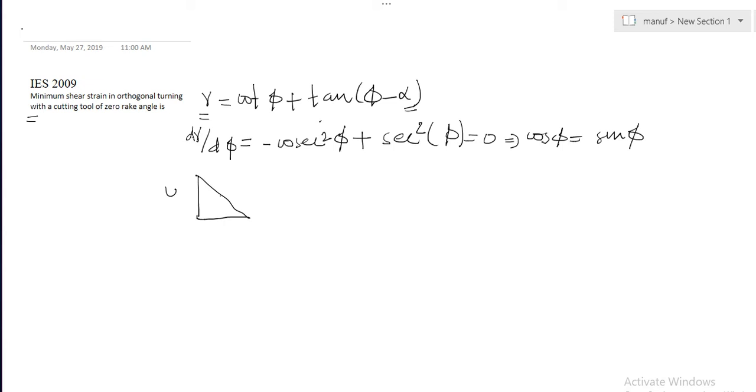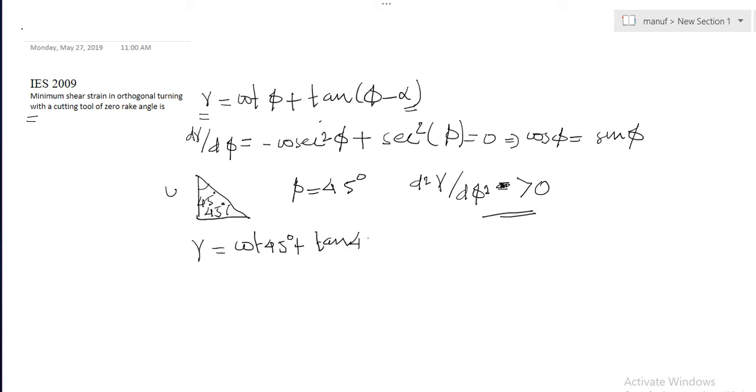So I can say this phi angle is 45 degree, and if we differentiate this again, d square gamma upon d phi square, then it will be greater than 0. So this is the case of minimum. So I can say gamma equal to cot 45 plus tan 45, that is nothing but equal to 2.